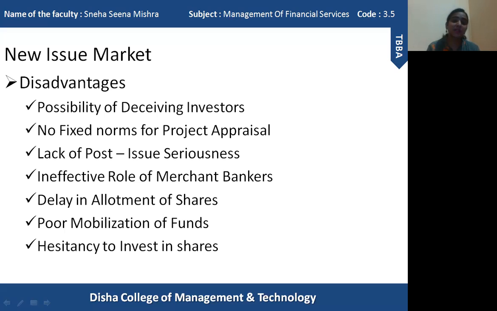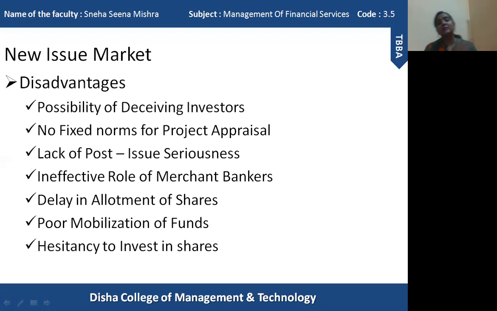Clear? The next one is delay in allotment of shares. Once equity shares or preference shares are issued by any company, people will apply for such shares. After getting applications from the public, the company is supposed to allot shares.